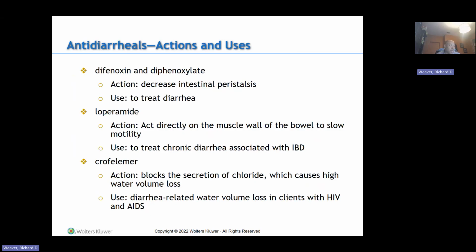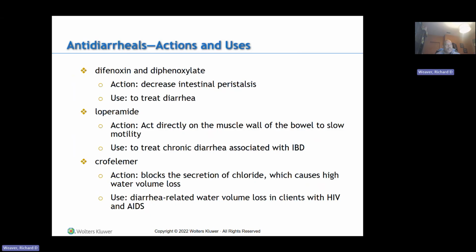Now, the drug crofelemer, this particular drug, it blocks the secretion of chloride, all right, which causes high water volume loss in diarrhea associated with conditions such as AIDS and HIV.